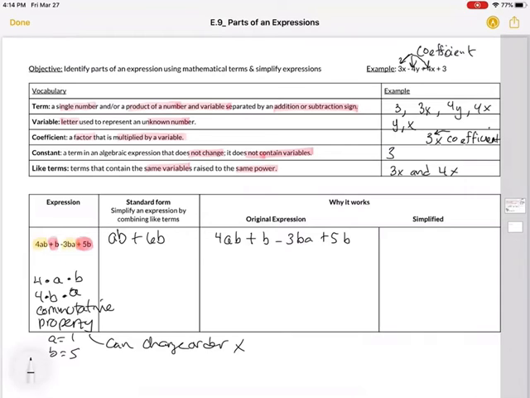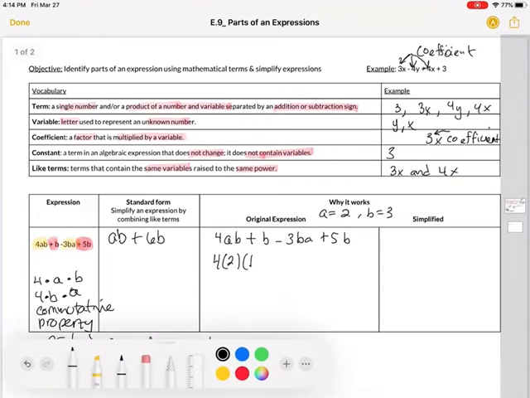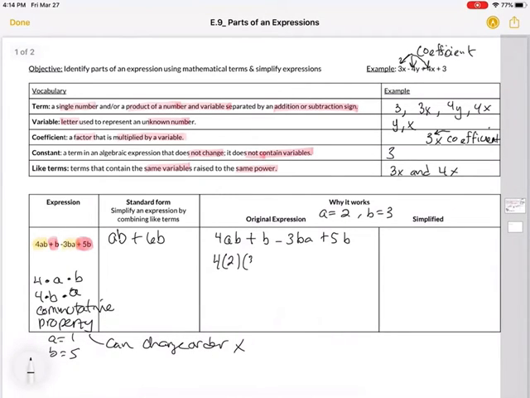So I'm going to say a is going to be 2. b will be 3. So every time I see an a, I'm going to replace it with 2. Every time I see a b, I'm going to replace it with 3. And I'm going to use parentheses to show multiplying because it helps me just keep track of replacing. I can see if I made an error more quickly.